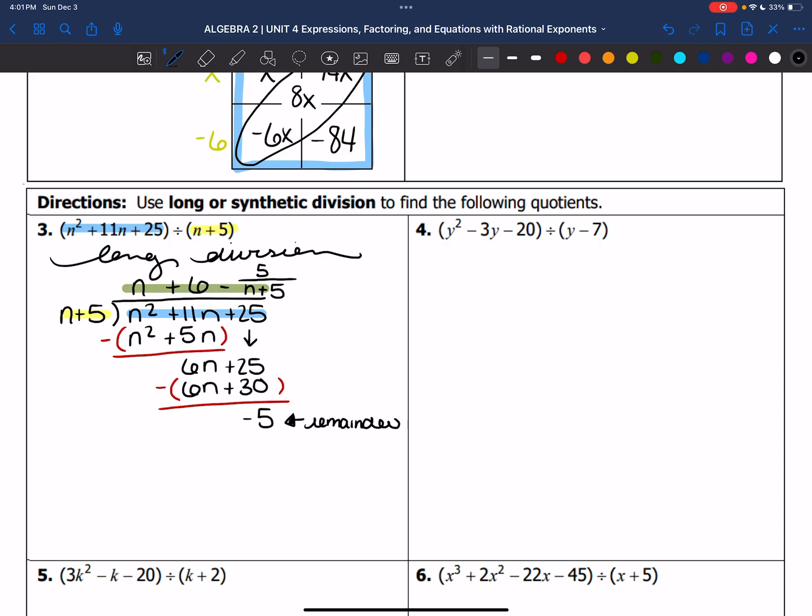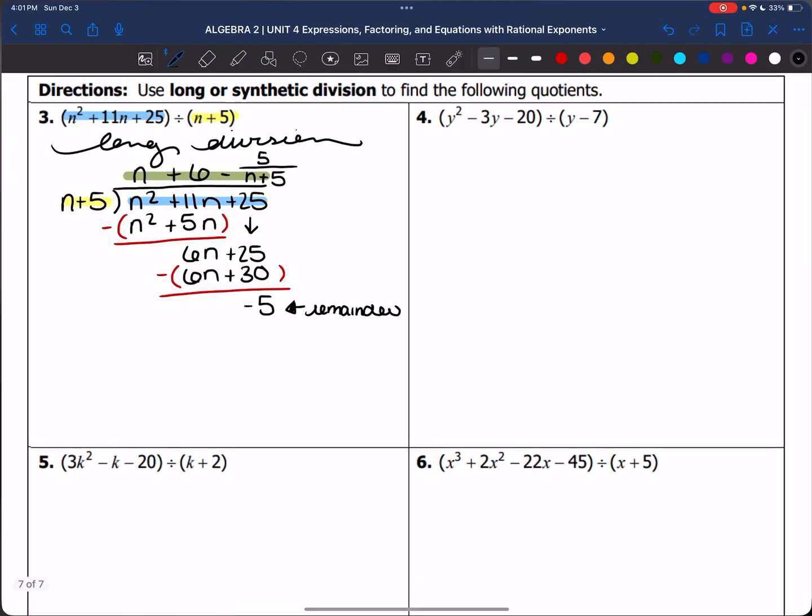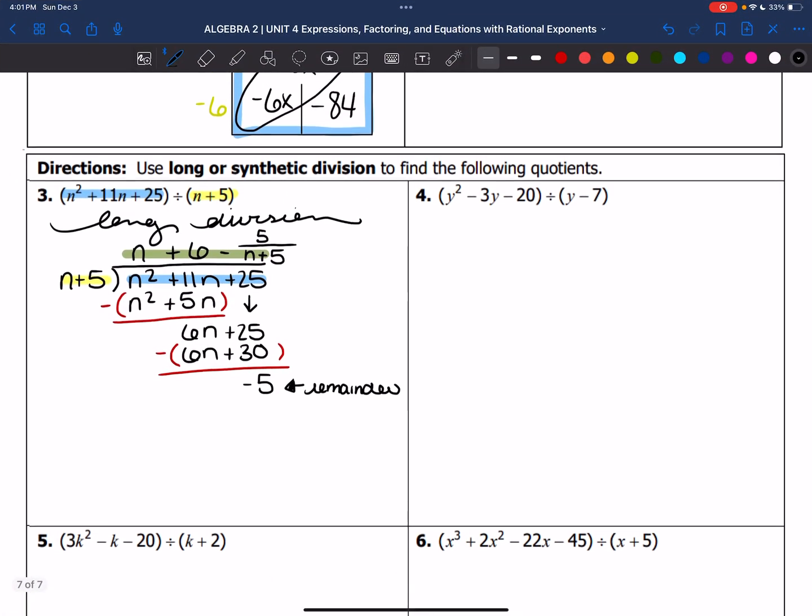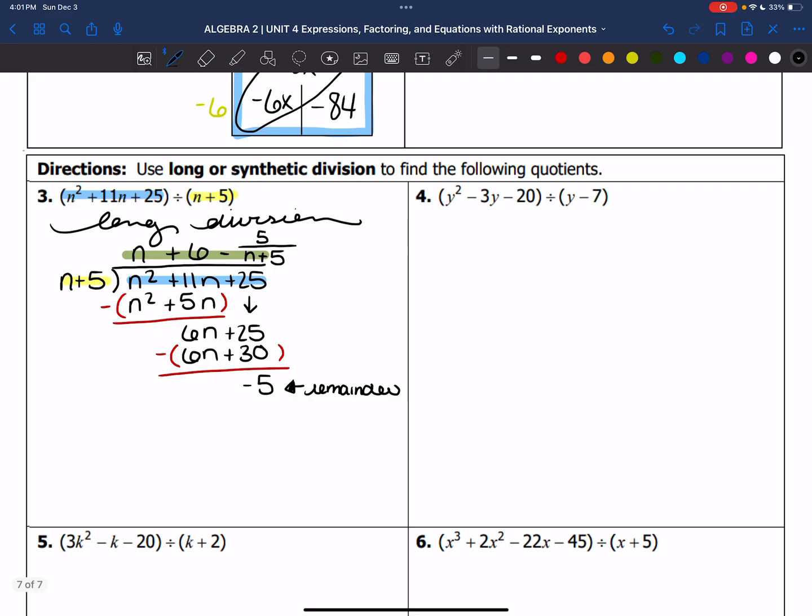Again, it was minus because I am subtracting. It's a negative 5, so I'll put minus, and then what we're dividing by.